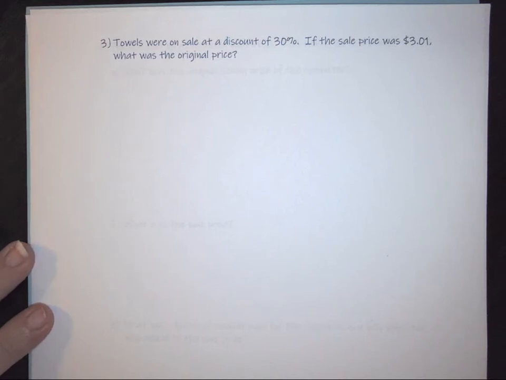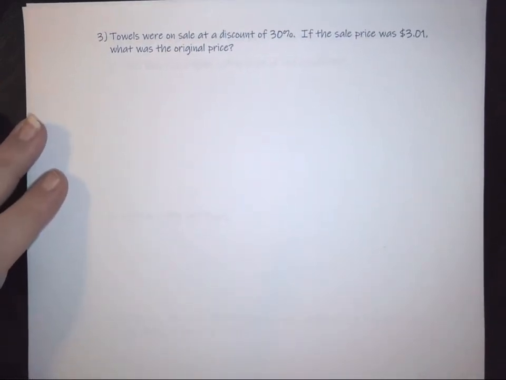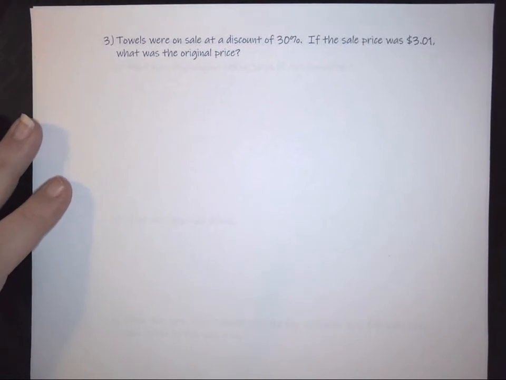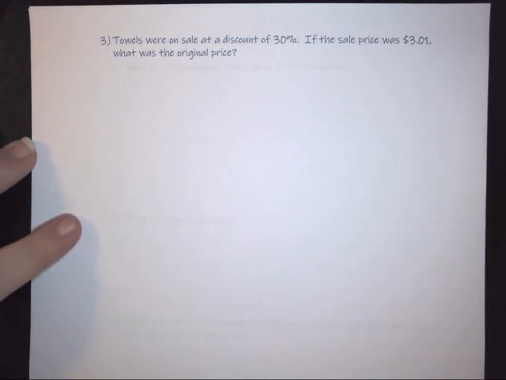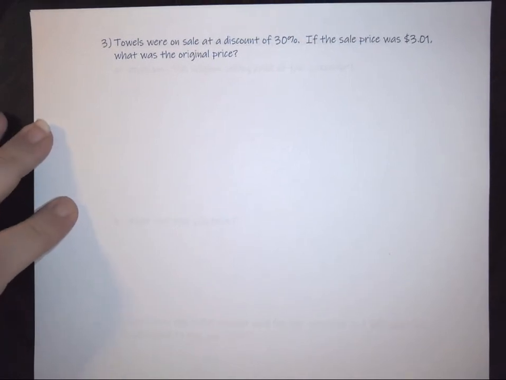Alright, let's look at one that might be a little bit more challenging. So here it says that towels were on sale at a discount of 30%. If the sales price was $3.01, what was the original price?